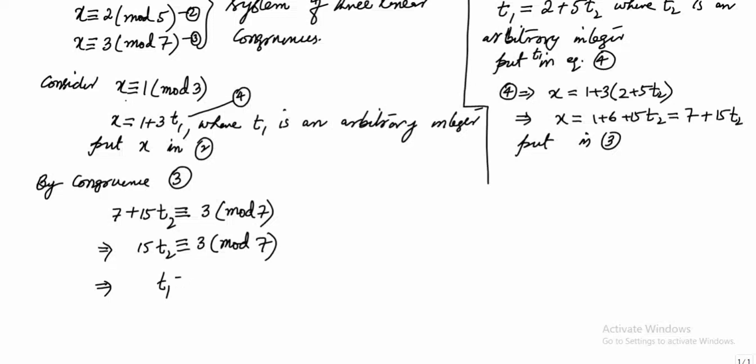So t2 is congruent to 3 modulo 7. So sorry, this is t2. So t2 can be written as 3 plus 7t3, or better to write 3 plus 7t.